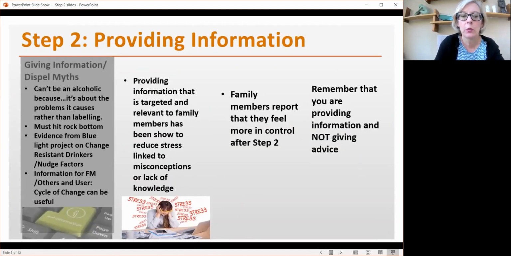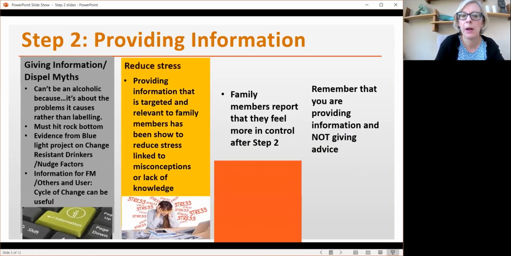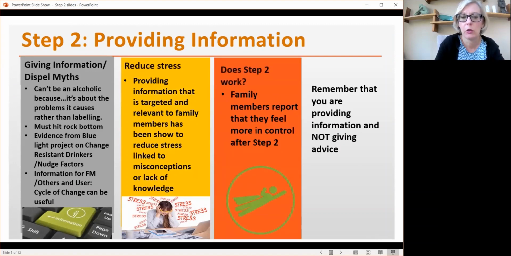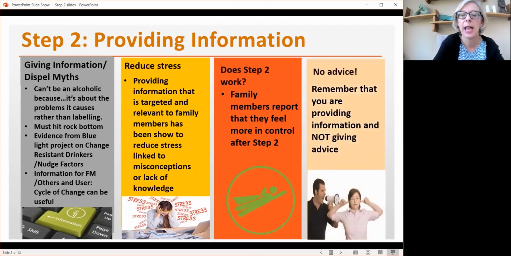So moving on to a little bit more information about what kind of information family members might want, and some tips. One thing that's important is actually to dispel myths. So often family members might say, well, my husband, he can't be an alcoholic or a drug or a gambling addict because, and then they give a particular reason.